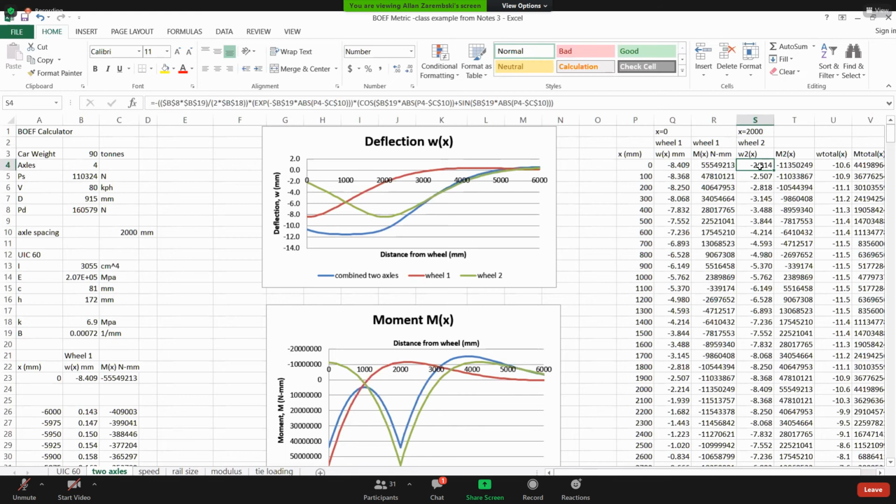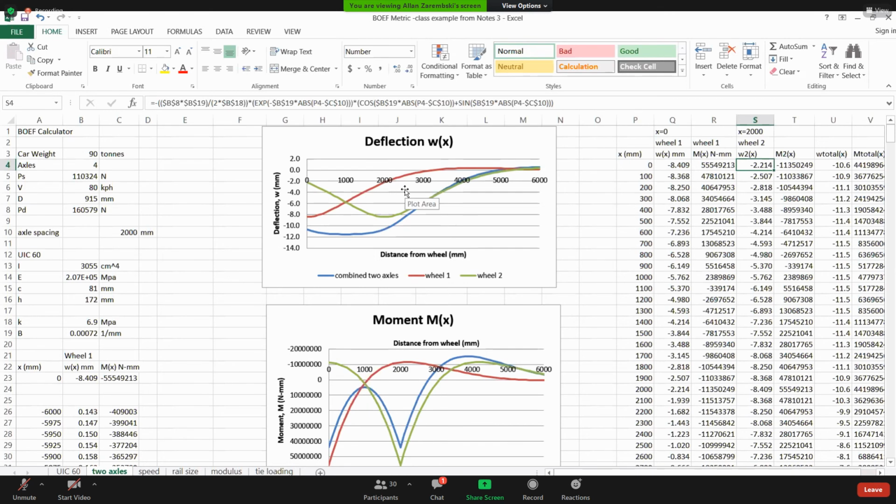Okay, it's my exact same equation, P beta over 2K, e to the minus. Now, instead of just being x, it's x minus 2,000 millimeters because I've shifted my track. I've shifted this wheel over 2,000, but I want to line it up still from this x point. So my x-axis still starts from my first wheel.